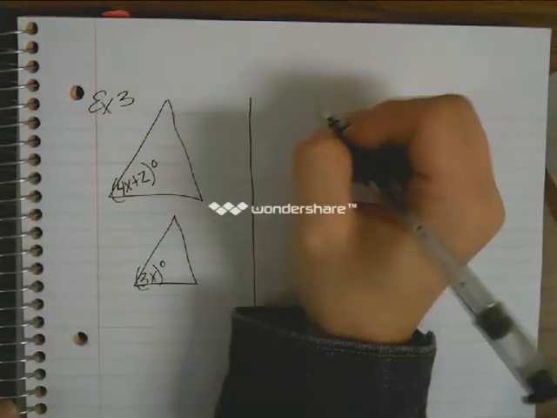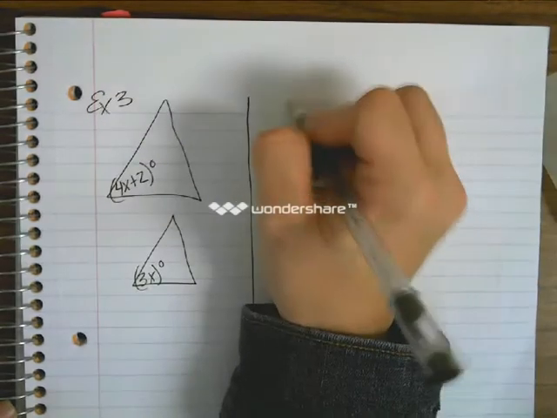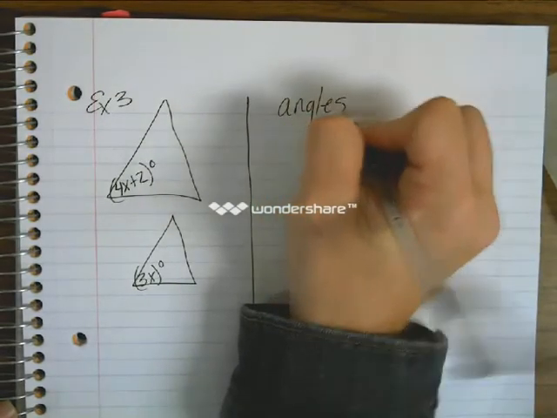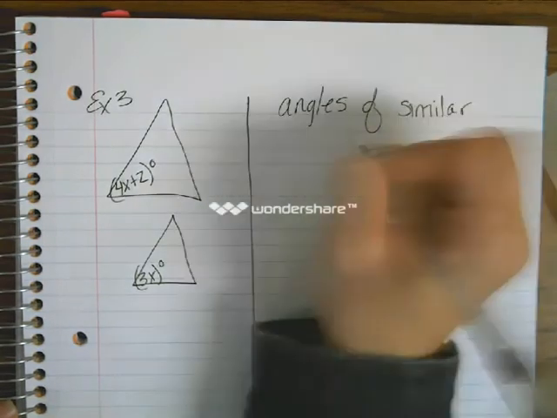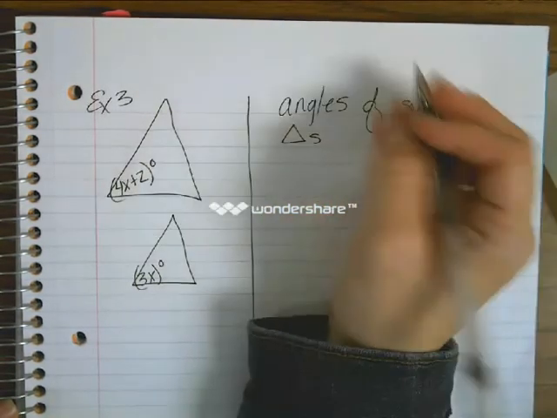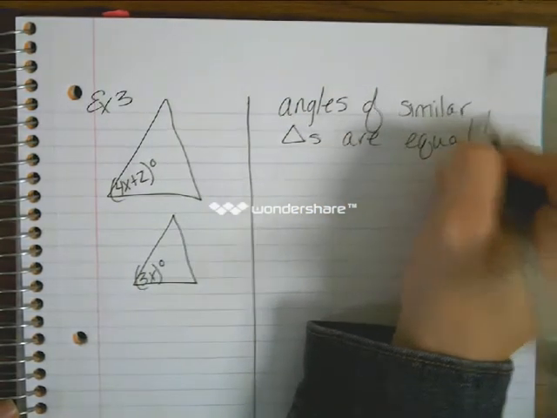No. The angles of similar triangles are equal. So, if things are equal, all you do is set them equal.